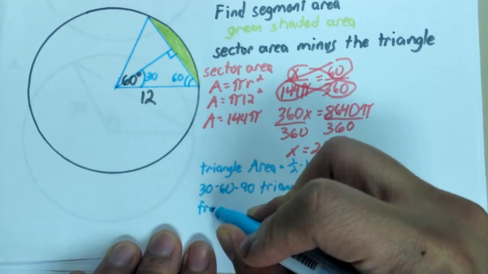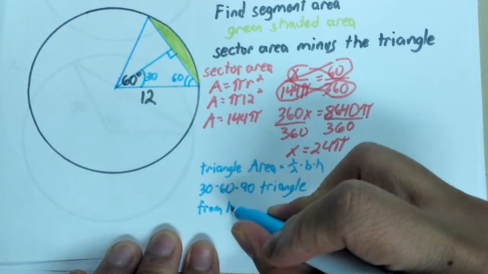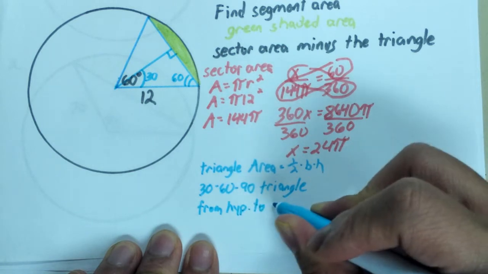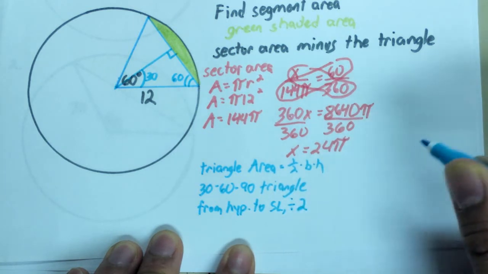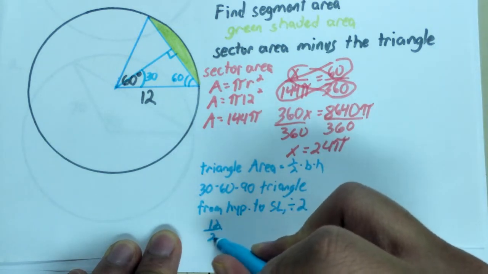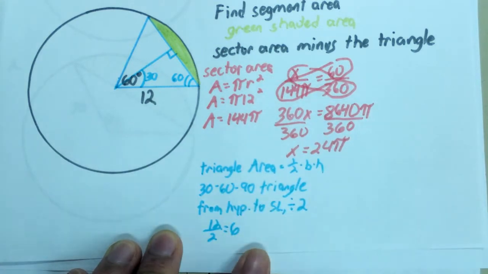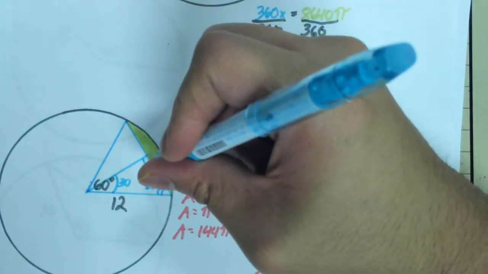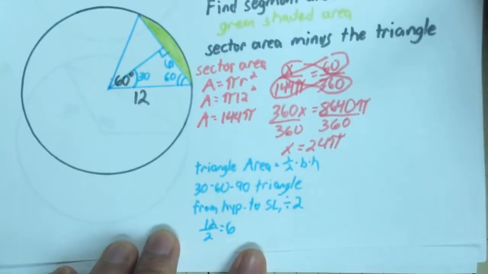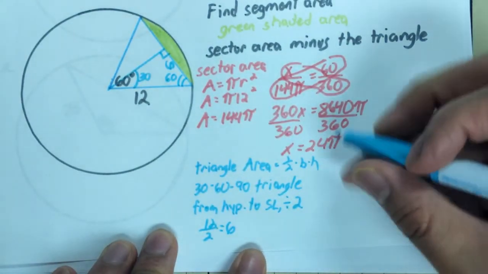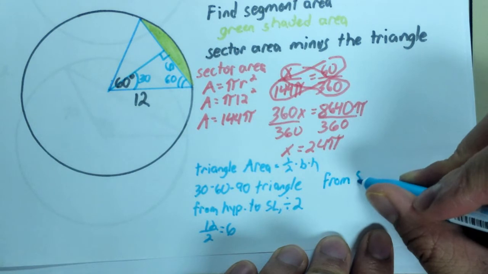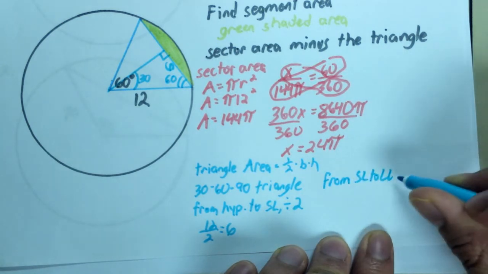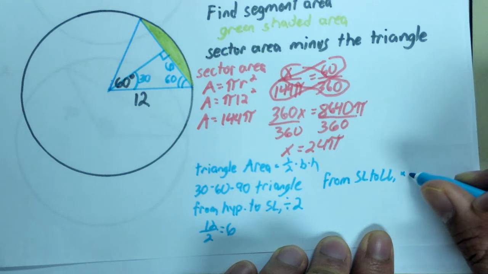In a 30, 60, 90 triangle, we have the hypotenuse and the short leg. From hypotenuse to short leg, remember our rule is divide by 2. So 12 divided by 2 gets me 6, which means this side over here is 6. And my next rule, from short leg to long leg, multiply by square root 3.